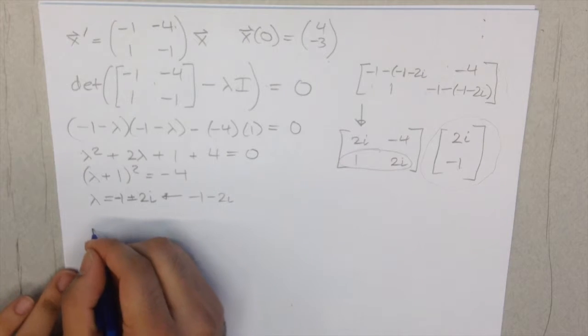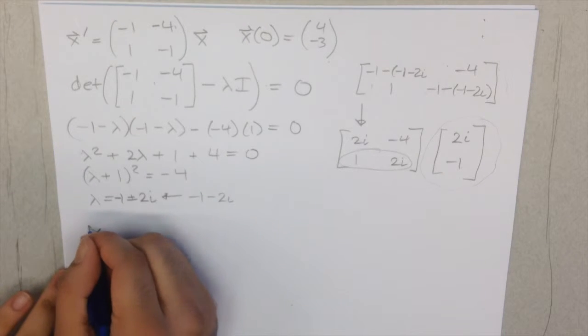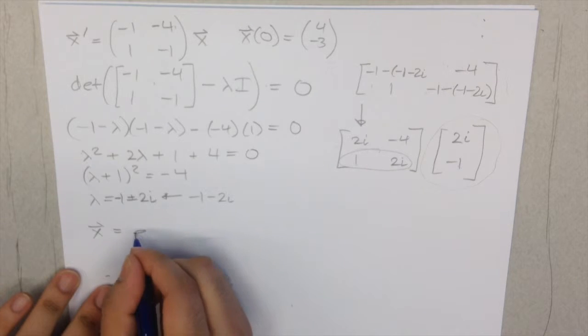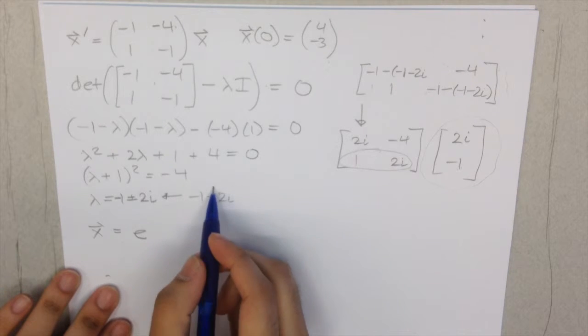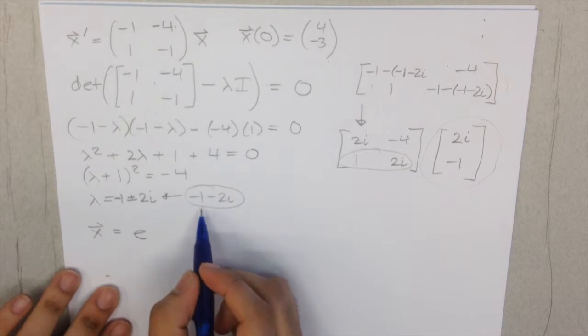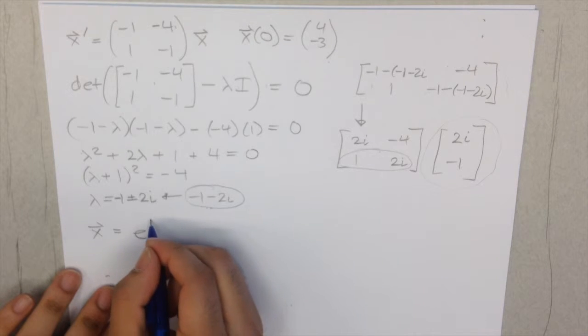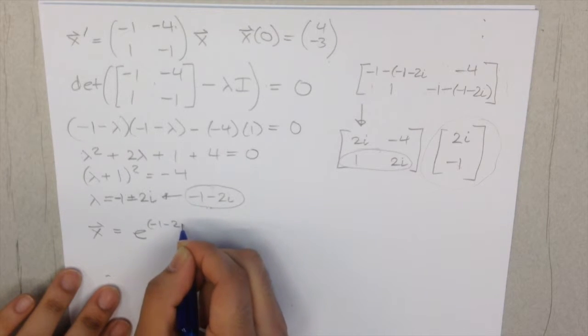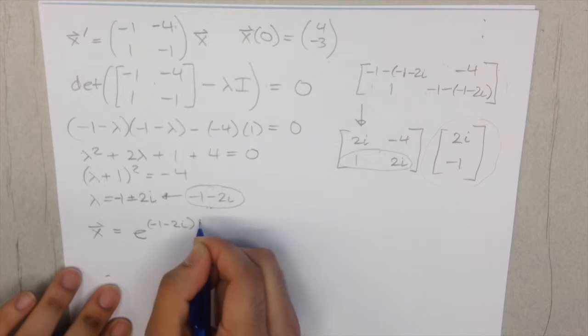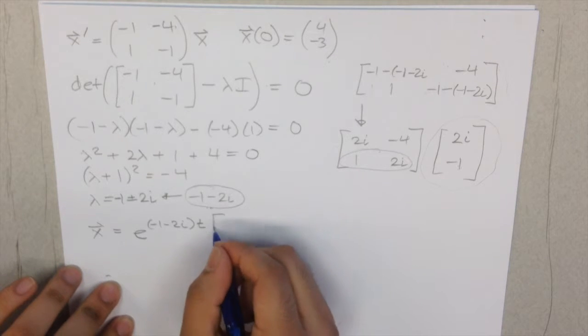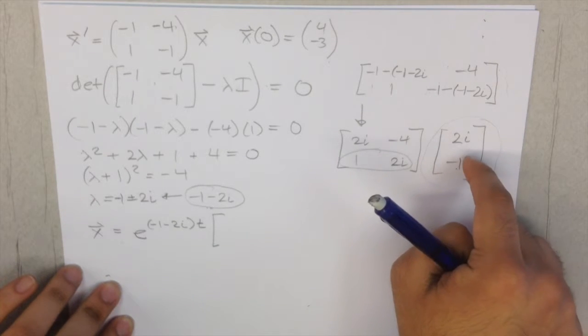So here's what you do. You say x is equal to e to the eigenvalue that we chose. This is very important. Take that eigenvalue, -1 minus 2i, multiply it by t, and then multiply it by the eigenvector that we found.